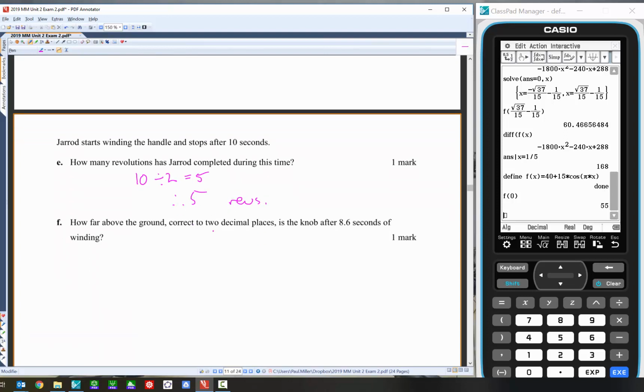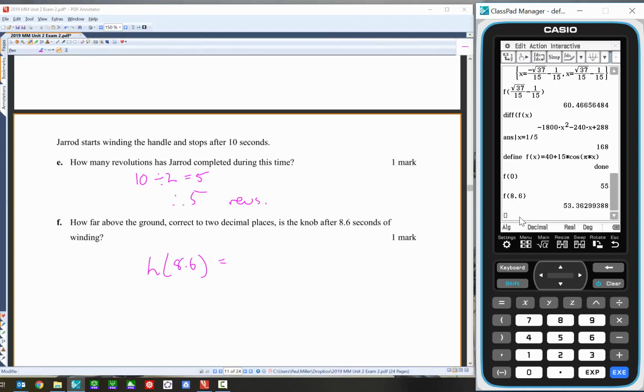How far above the ground, correct to 2 decimal places, is the knob after 8.6 seconds of winding? Let's just do h of 8.6 and find out. So f of 8.6, we're in decimal mode. That sounds reasonable, 53 point... Ooh, we're in degrees. That's dangerous, isn't it?